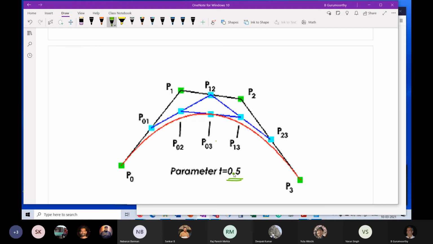Okay. Now we can show this algebraically also. I'm not going to do that. I just want to show it to you through a picture, but you can also show it algebraically. Now this means that you can generate points on a Bezier curve, right, by just doing this construction. Instead of 0.5, you can do 0.25, 0.25, 0.25.